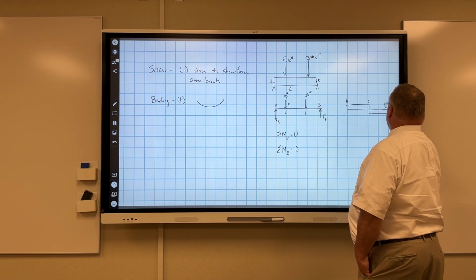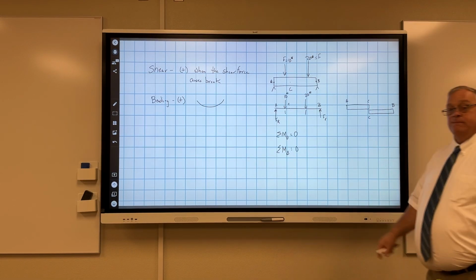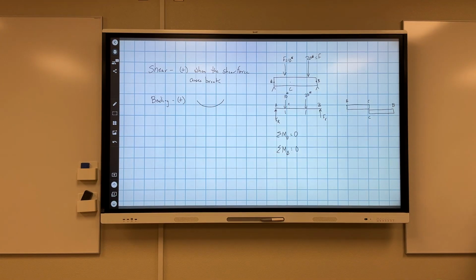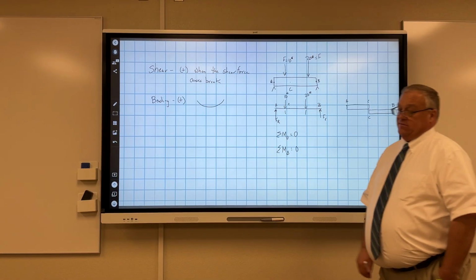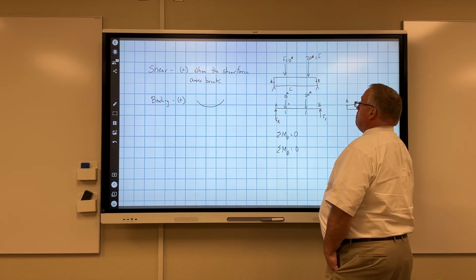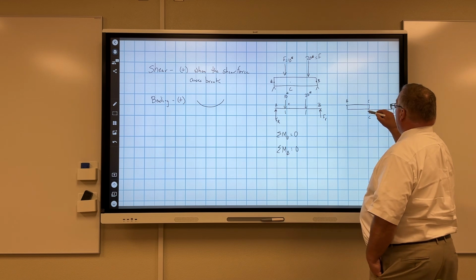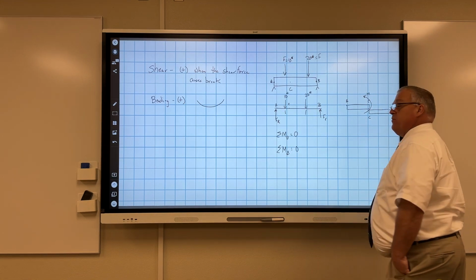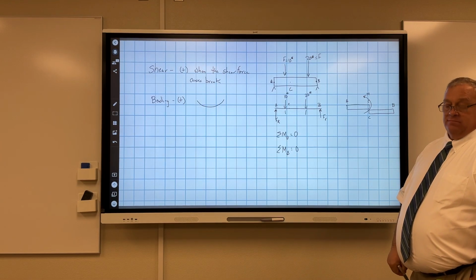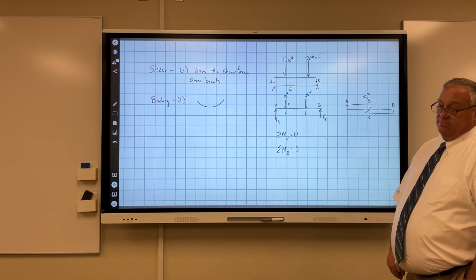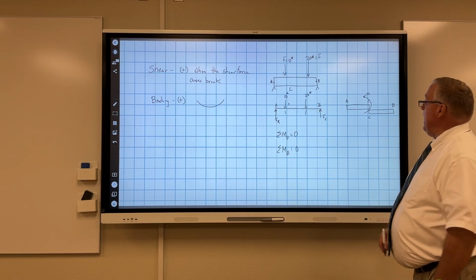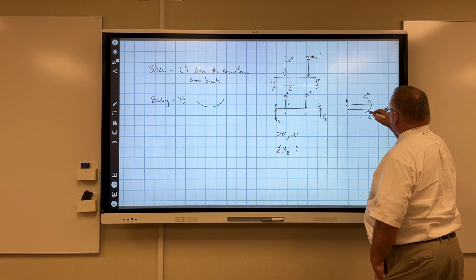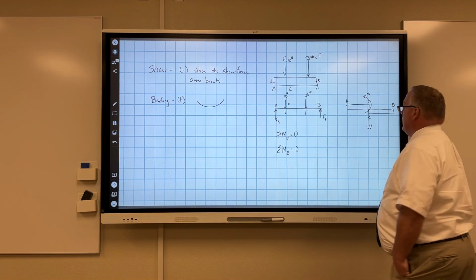Unless it causes that. Okay, when that is the case, I have a moment here in this direction, and I have a shear force here in this direction.